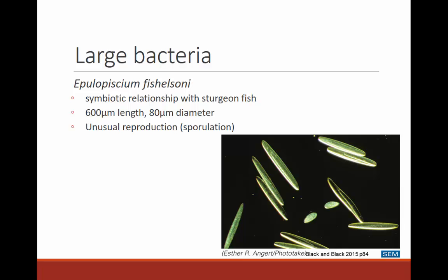But if we go from the very small to the very large, we've got a cell that is quite different. It's actually Epulopiscium fishelsoni, I think it is. It is found in the gut of surgeonfish. Now, it will be active, I think, during the light cycle, and when it's active, it actually changes the pH in the surgeonfish gut.